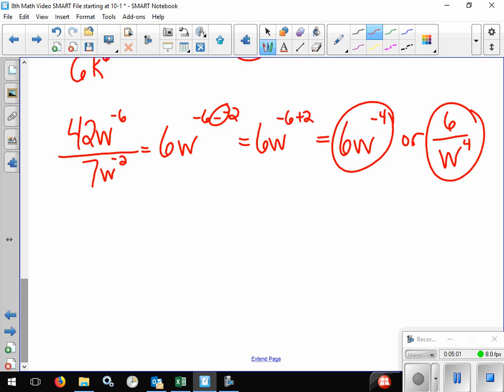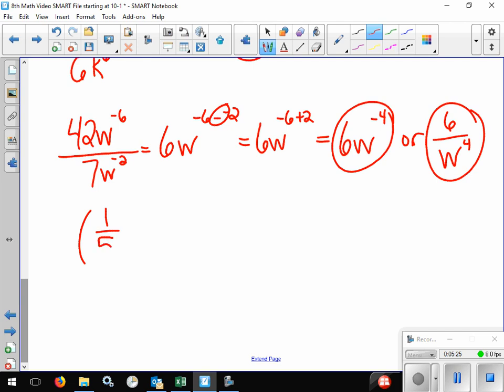Again, I'm quite happy if you get 6w to the negative 4. So do not panic if 6 being in the numerator bothers you. Let your high school teacher help you to figure that out. Okay, one last one that I think is fun.